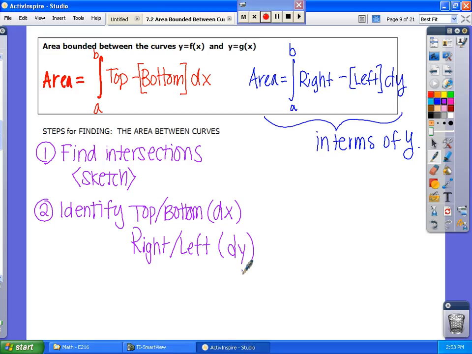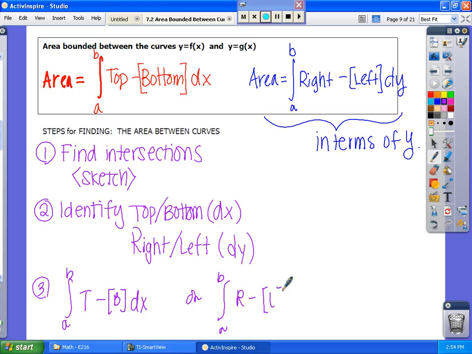And then step 3 is the actual integral from a to b of top minus bottom dx, or a to b of right minus left for dy problems.